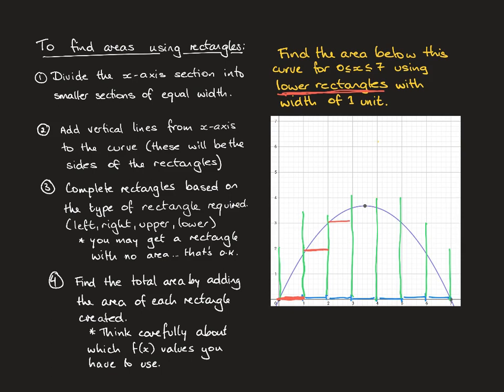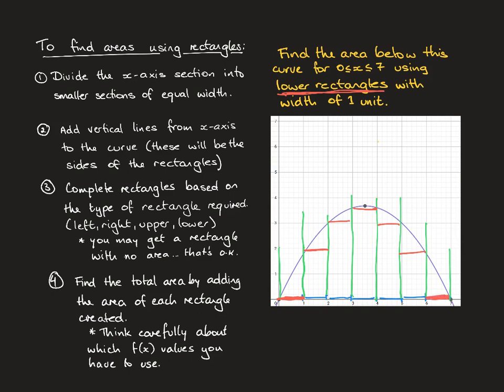Next column, I consider this point and this point. They're actually the same because it's symmetric. This is an inverted parabola. So take that line there. For the next column, I consider this point, which is on that side, and this point, which is on this side. So this is the lower of the two between this one and this one. So I'm going to put a line across here, and so on and so on.